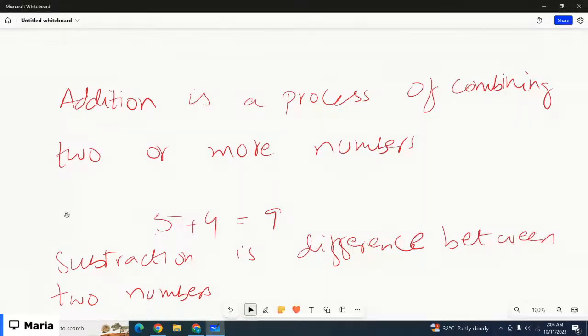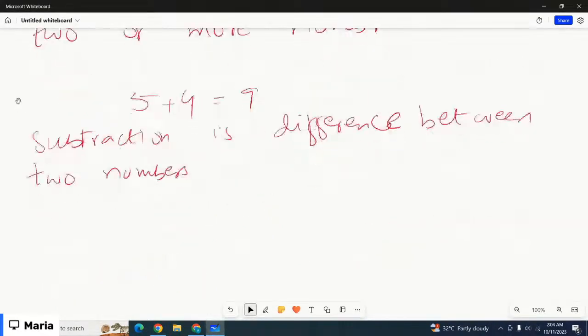So how do we subtract? For example, you have to do 5 take away 4. So you have to subtract 4 out of 5, and the answer is 1. These are the very basic things. You already know these things, right?